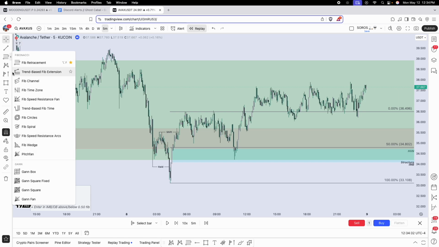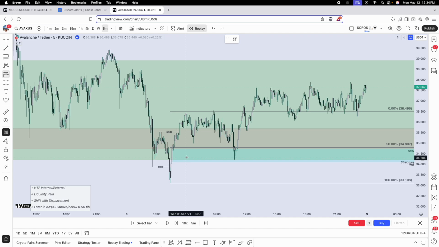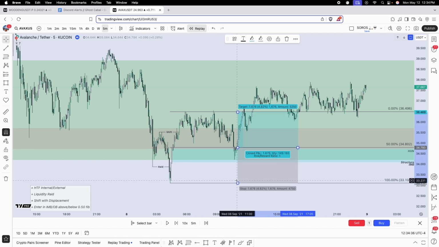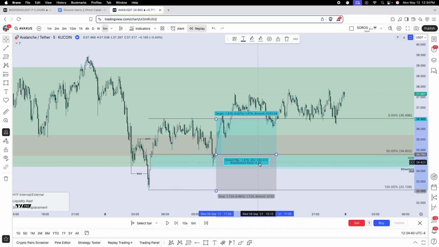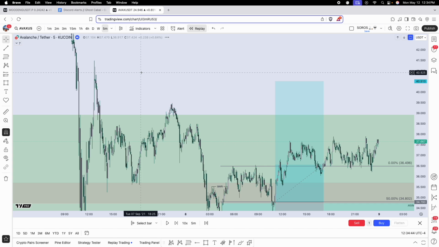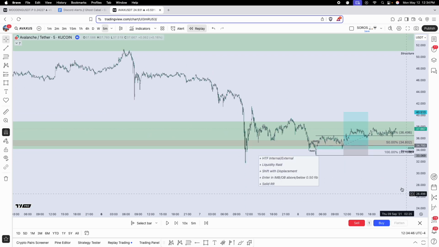Where is it? Okay, somewhere here maybe. Stop below that previous low. Now you have 5% risk, right? But your target is going to be previous highs or liquidity.